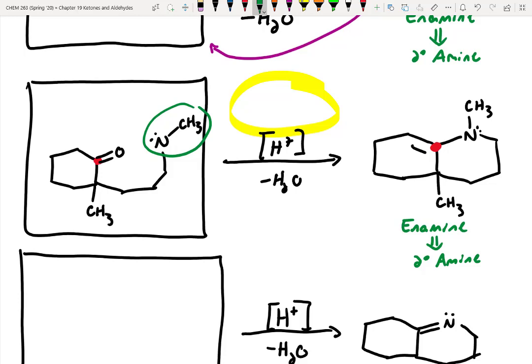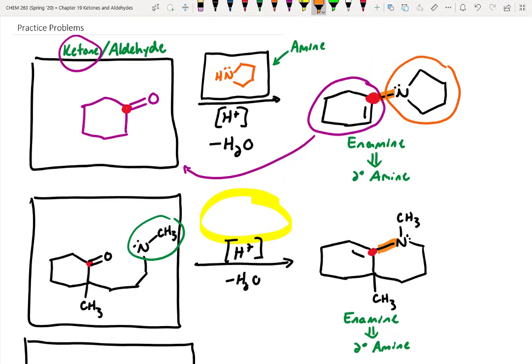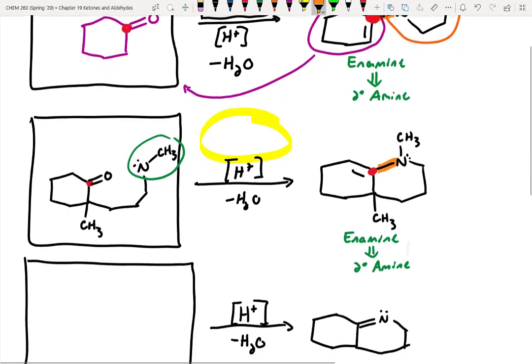So it's a little bit weird, but you can imagine that this highlighted bond right here used to be a CO double bond, but now it's being formed between that nitrogen. All right, same idea up here. This highlighted bond right here is the newly formed bond, and previously that red position that I've marked up must have been a CO double bond. So these are a little bit tricky.